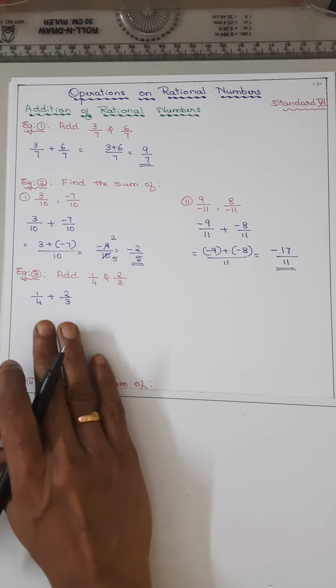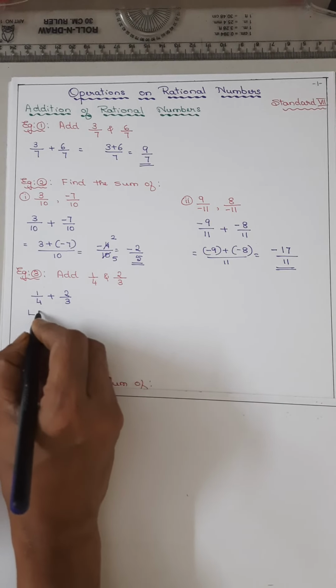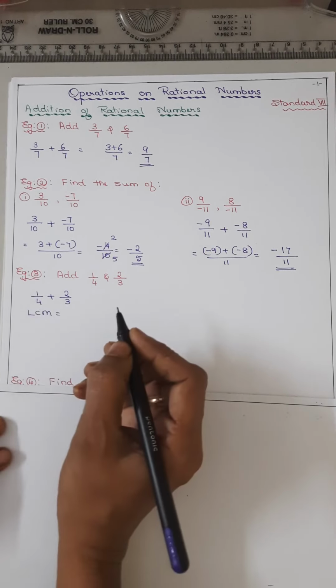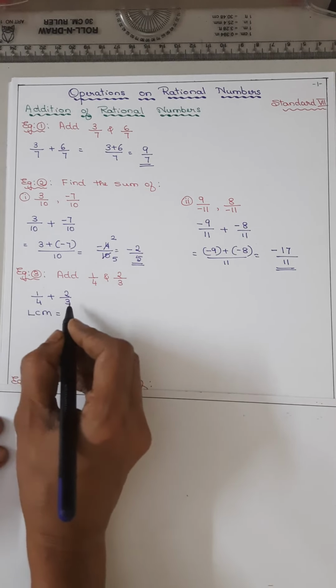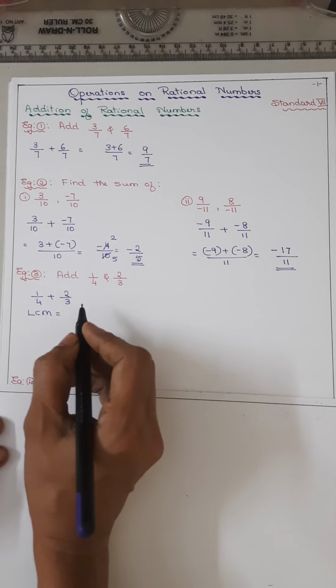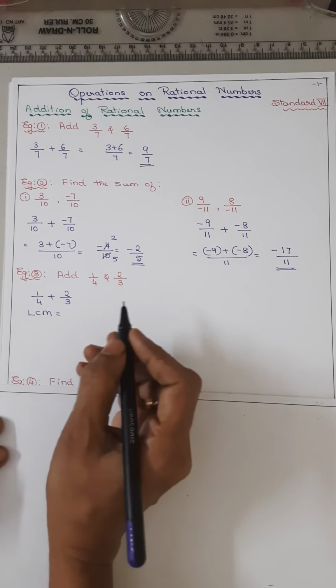Now here we will do the sum here itself. First you will write LCM is equal to. Now when the denominators are prime numbers, you directly multiply them, you will get the LCM.